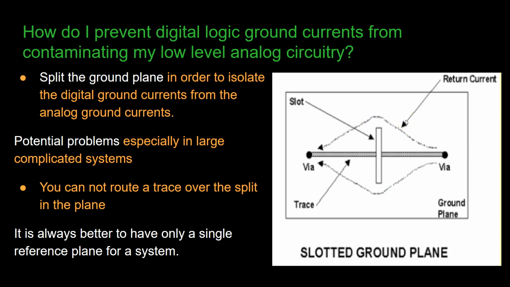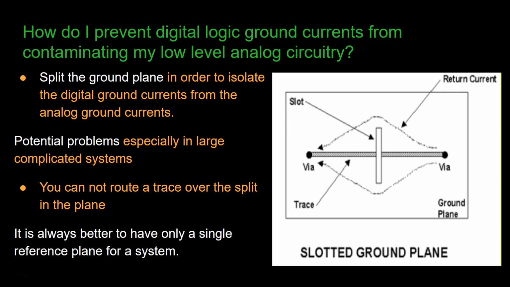In addition, a ground plane slot will significantly increase the crosstalk between traces that cross over the slot, and the larger loops formed by the return current paths will radiate. So here the most important thing is to remember that if you are trying to create a slot in your PCB design, then there should be no traces crossing over the slot.